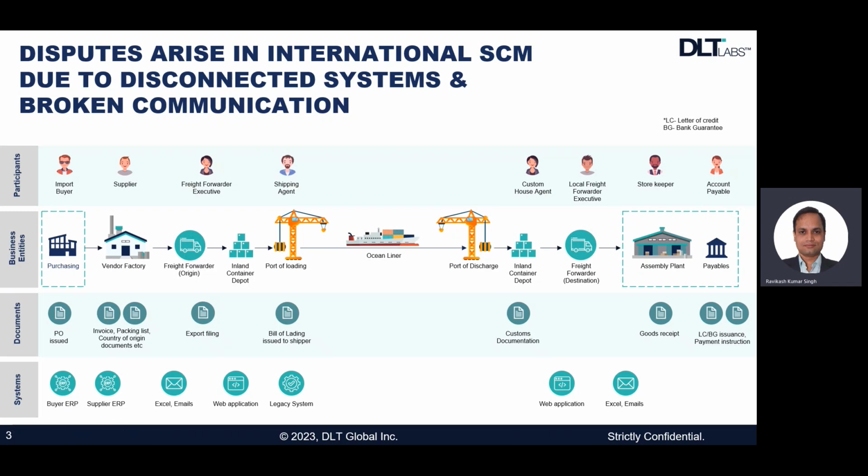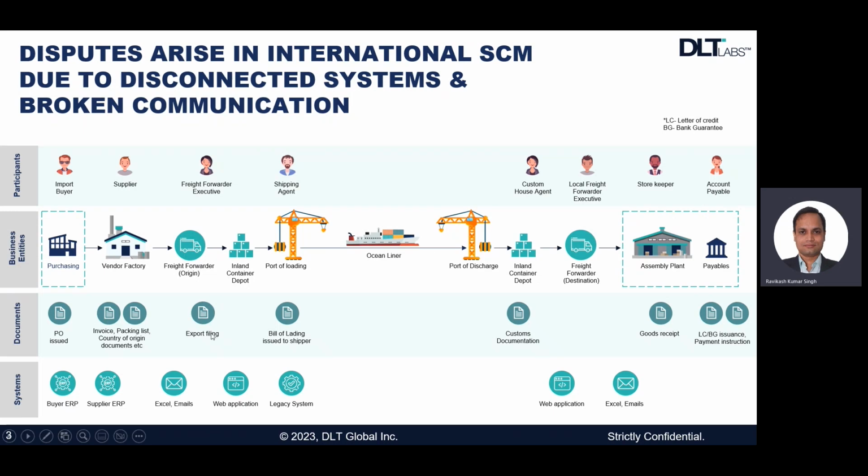The supplier would create the necessary order in their ERP and post the manufacturing of the goods, they would generate the invoice, packing list, and get the necessary export documentation done before handing it over to the freight forwarder.